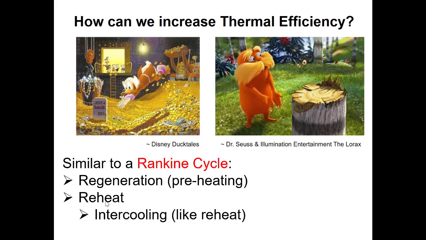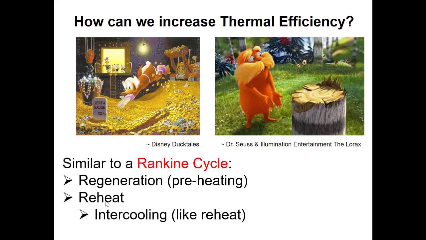But then we'll talk about something that we don't talk about with Rankine cycles, and that's intercooling. Intercooling is kind of the cooling side analogy to reheat. In reheat, we split that turbine into two turbines, a high pressure and a low pressure turbine, and we heated the fluid up in between, right? And that meant we got more work out. Intercooling happens when we're putting work in, when we're compressing the fluid.